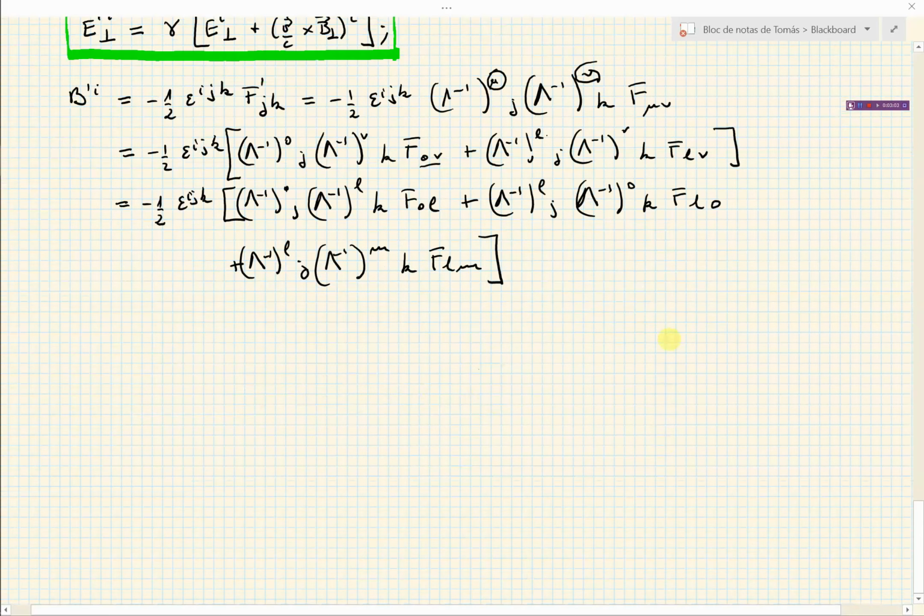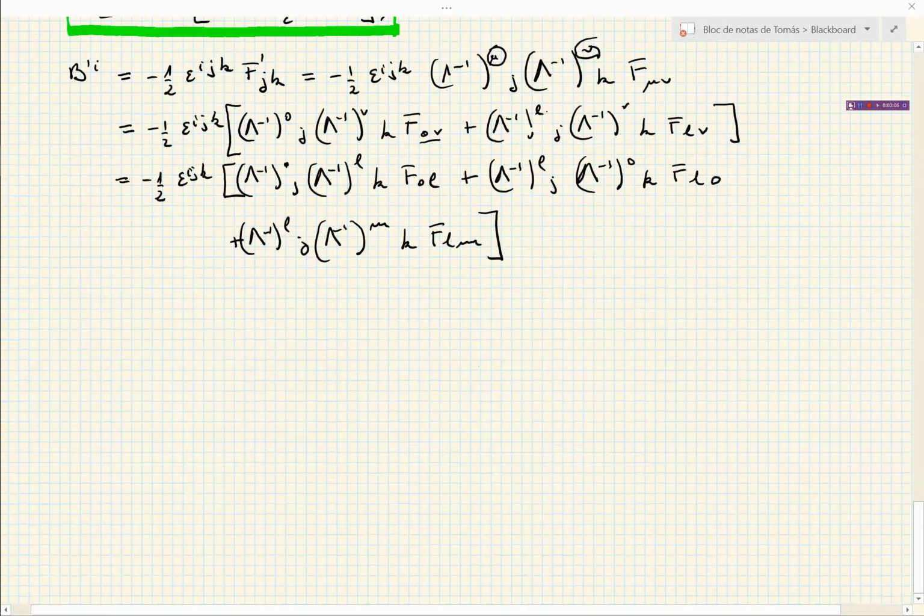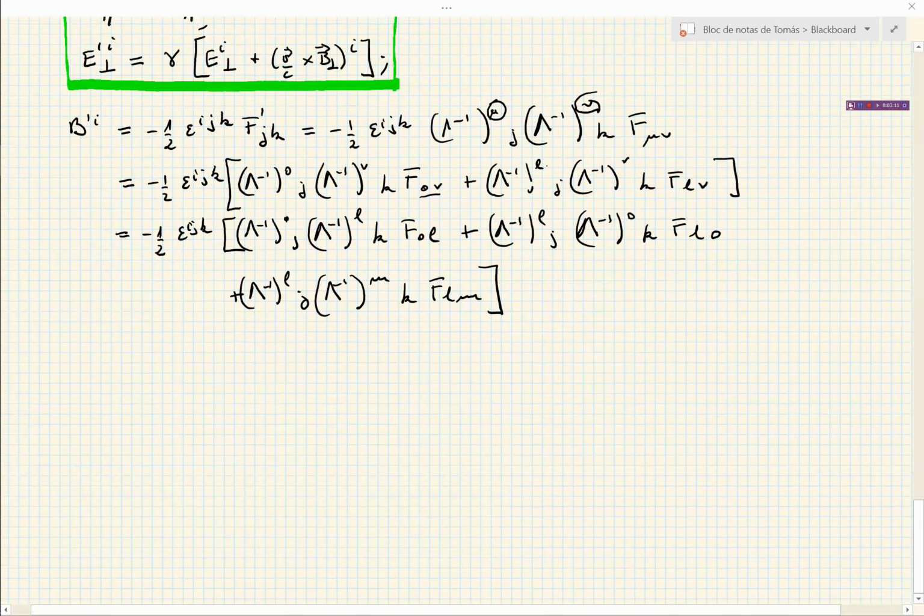Okay, so this is the expansion, and now I start identifying fields. f0L here.